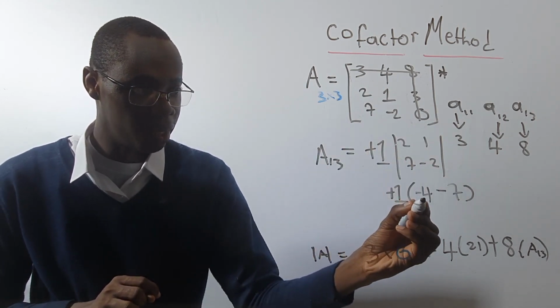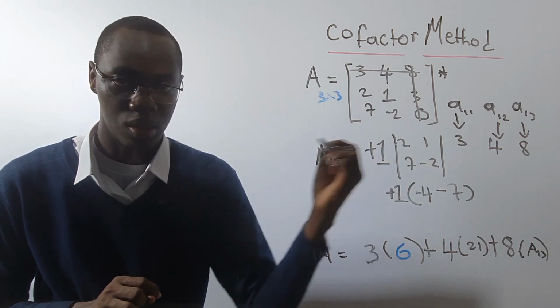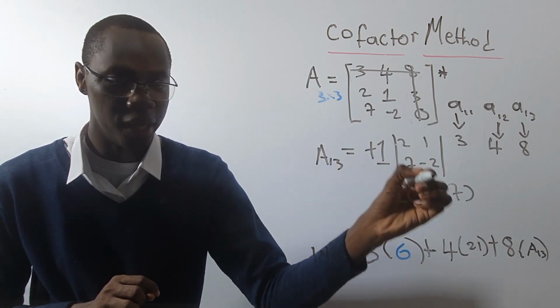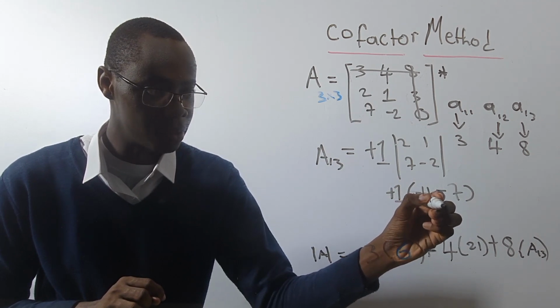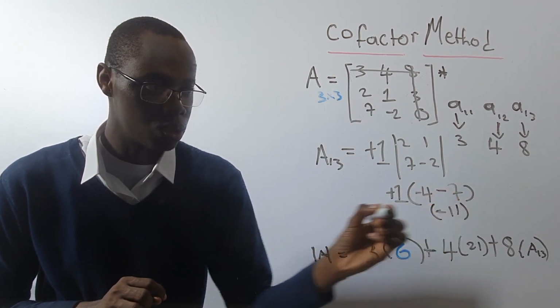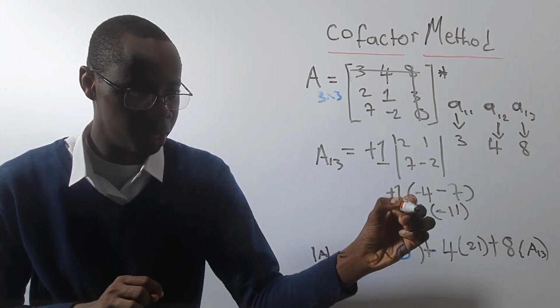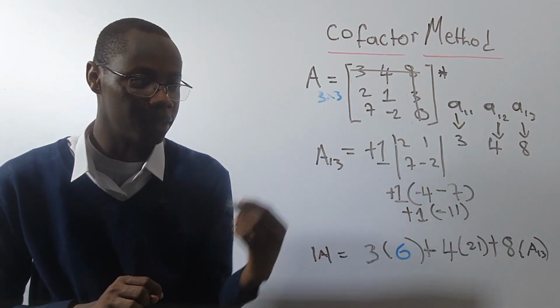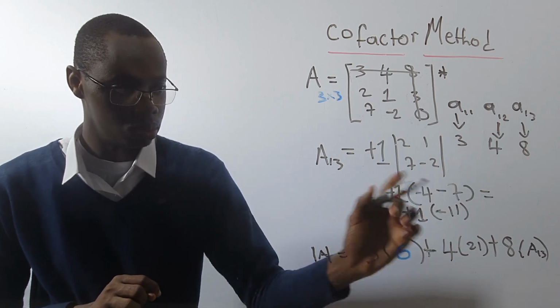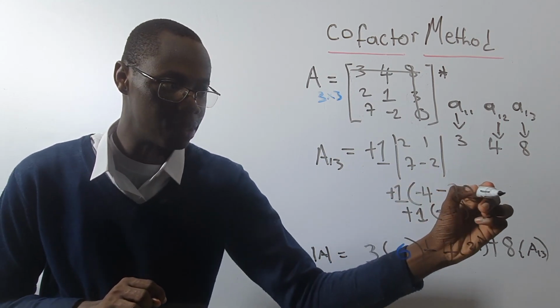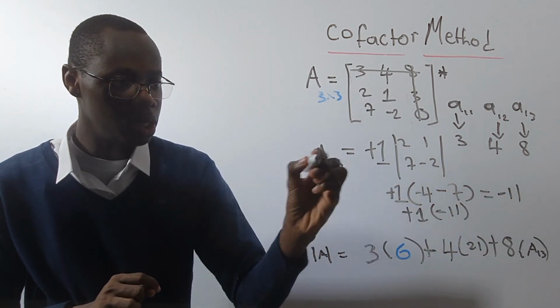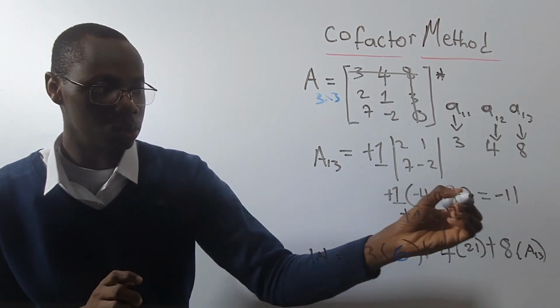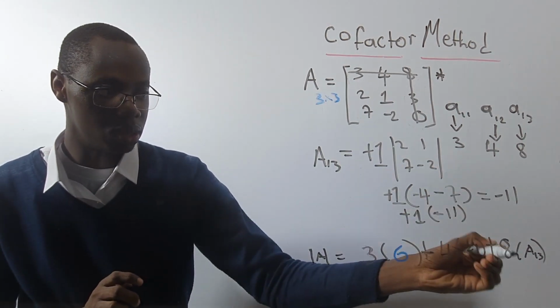And then minus 4 minus 7, that will be minus 11. So minus 11 multiplied by 1 here, that's the cofactor. That was called the cofactor method. So that will be equal to this times this, that will be minus 11 still. So A13 is minus 11. So minus 11 is here.